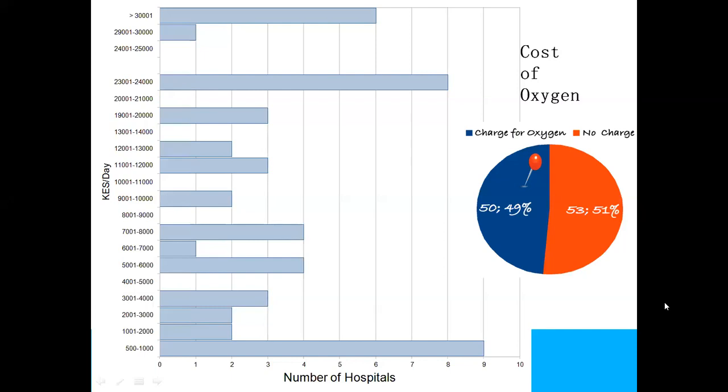It went all the way from 9 of them charging anywhere between 500 to 1,000 shillings, all the way to 6 of them charging over 30,000 shillings. This is for 24 hours of oxygen, independent of the source of the oxygen. So you see this huge gap between the lower end and the upper end.